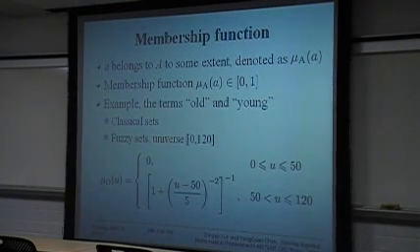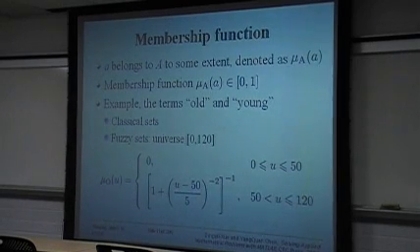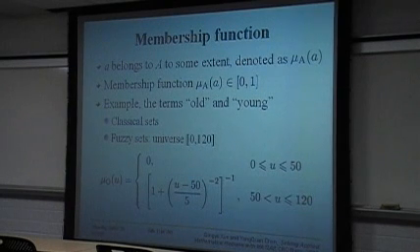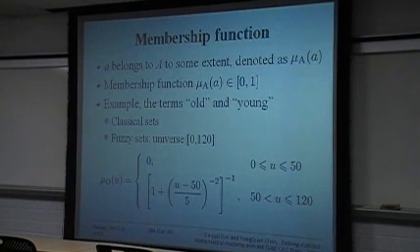So the curve should be something like this. If a person is less than 60 years, he will not be classified in set A. If he is 60 years old or even older, then he belongs to set A. So this is what a classical set means.